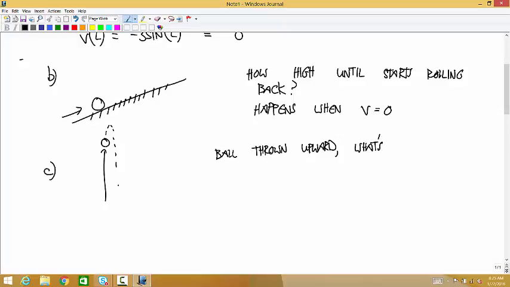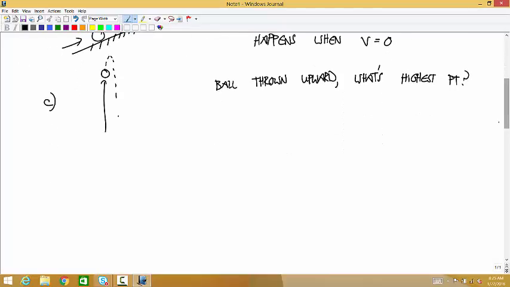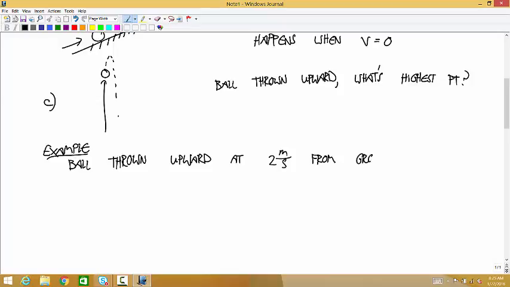Okay, so let me do one example problem with a ball thrown up into the air, but the strategy is the same for all of these kinds of things. So let's say a ball is thrown upward at 2 meters per second from the ground level.